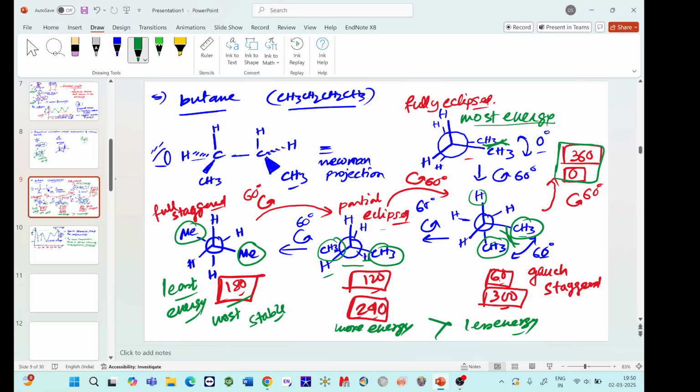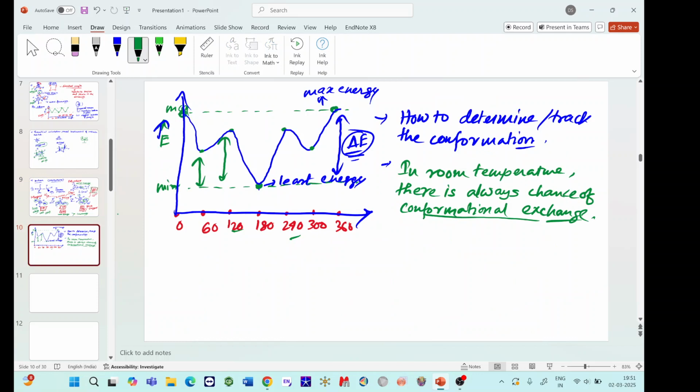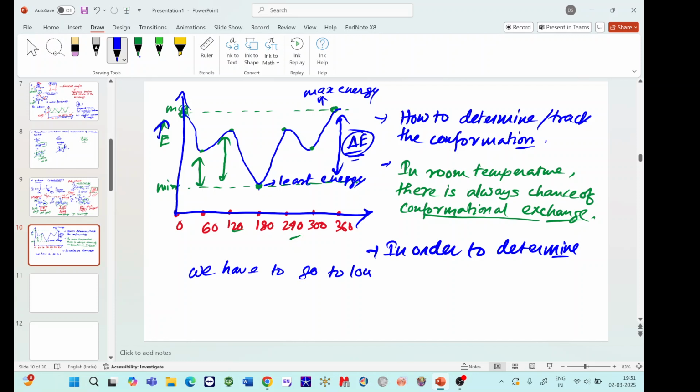It is just a simple rotation of bond, right? It is just a simple rotation, and this barrier of rotation, this energy gap is not so high, it is very less. So even at room temperature, they can convert frequently. Okay, so you cannot determine them. So in order to determine, we have to go to low temperature.